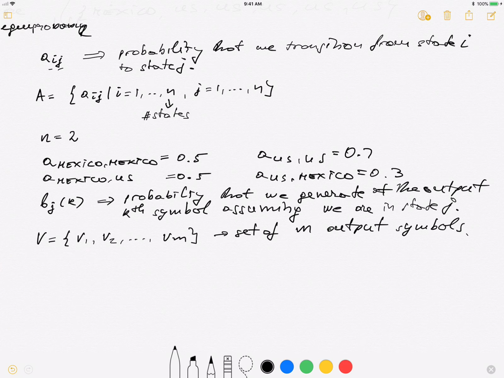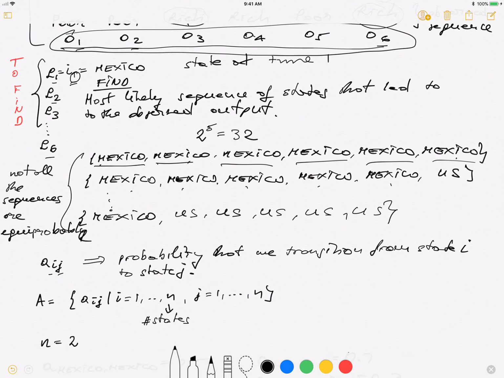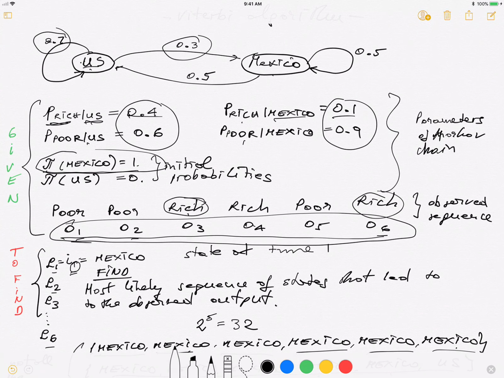In our case, I can say that V1 is rich, and V2 is poor. So there are two possible outputs, rich or poor. And we generate these outputs here, as we can see: rich, poor, and so on.